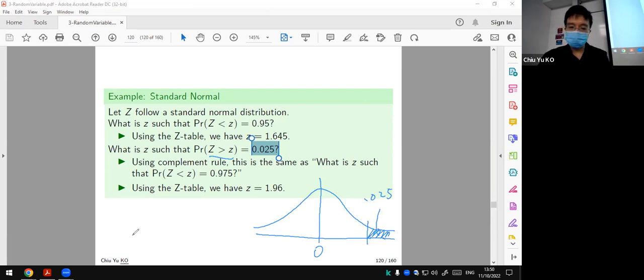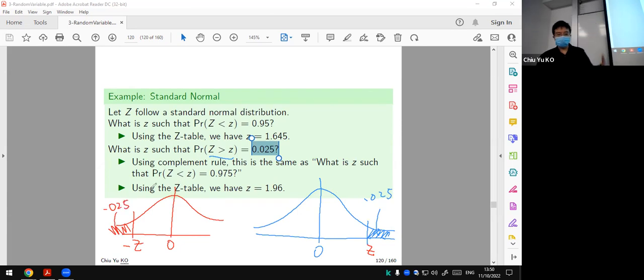The first way is to look at the symmetric case. Suppose this is Z, and we go back to here, negative Z, where this area is 0.025. So we look at the table for which entry is 0.025, and then we're done.